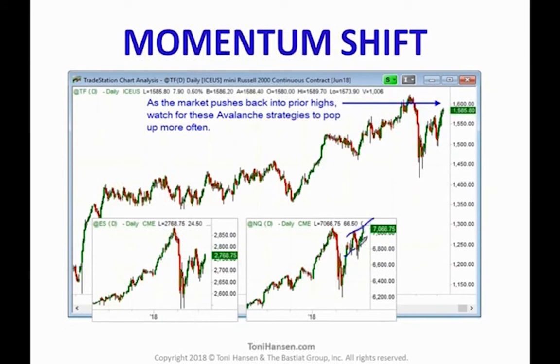Now the NASDAQ, we're obviously creeping to newer highs here. We're retesting these previous highs. It's still a zone where we can see those momentum reversal plays happening, these avalanche patterns happening, but we want to still be a little bit more on the cautious side because it is in that mid-range zone and it's not the first test of the resistance levels.